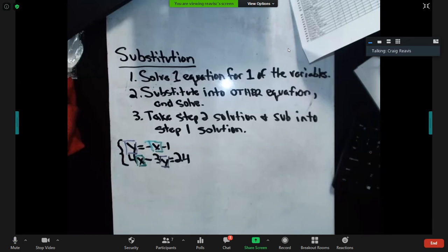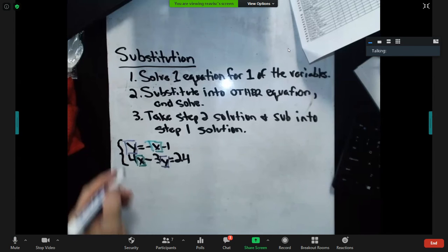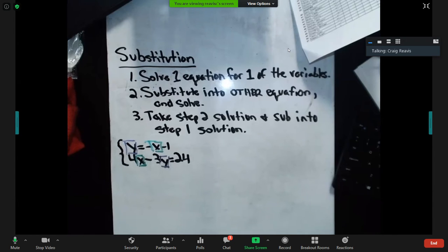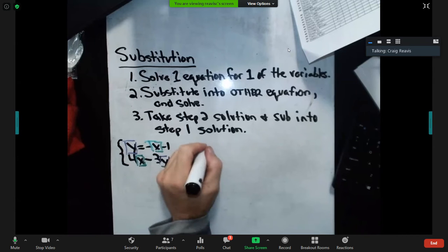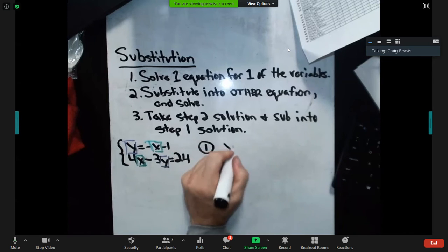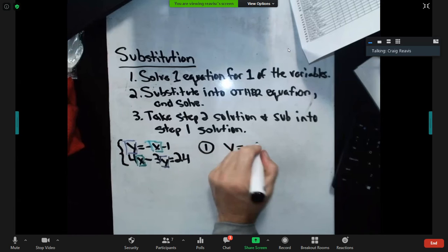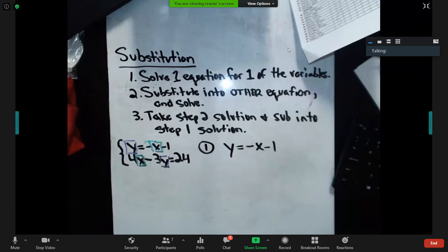Now, the nice thing about this one, if you look at the first equation, it already has y by itself. So in this particular problem, step one has already been done for us. The y is by itself on one side of the equal sign. So we're ready to move into step two.